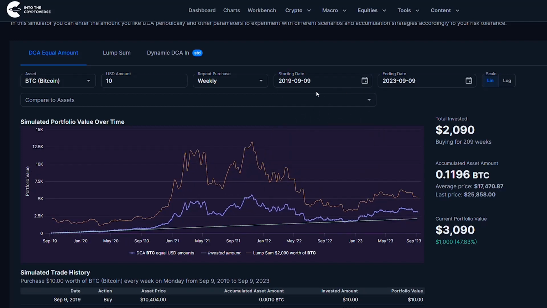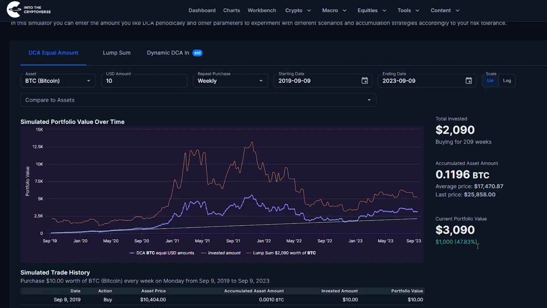You would have totally invested around $2,090, and your current value would have been $3,090, and that would mean roughly a 50% gain in 4 years. So that's more than 10% annual yield, which we know is already better than the S&P's average annual yield.